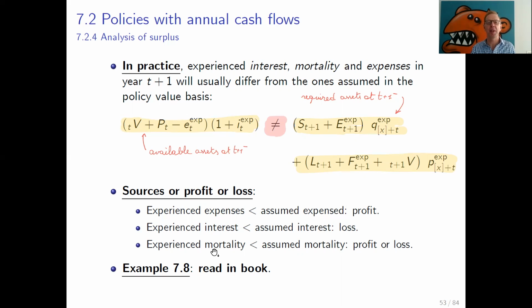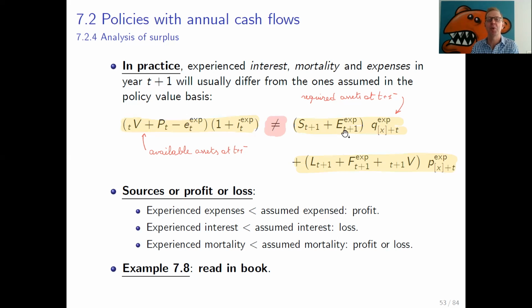The experienced mortality is smaller than assumed mortality. Will this lead to a profit or a loss? That's a little bit more complex to answer. If the experienced mortality is smaller than what we assumed, this first part is smaller, so we need less concerning the death benefits.